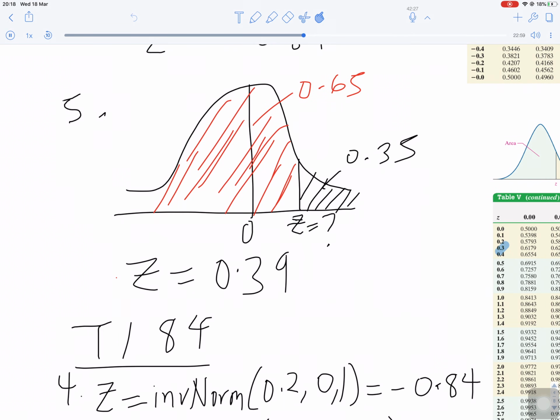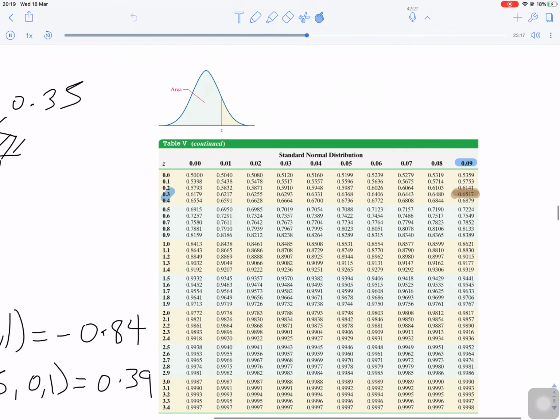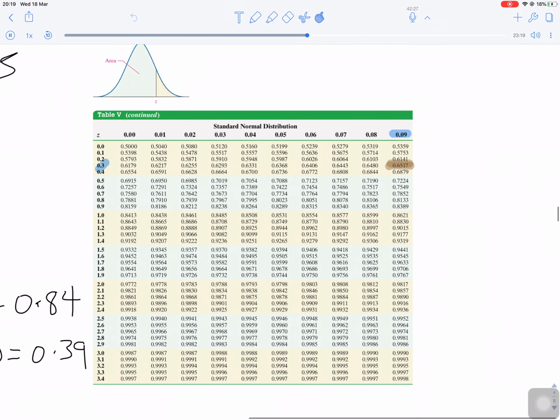If we know the area to the right of the z-score we are looking for, then we can tell the area to the left. That will be 1 minus the area to the right, which is, in this case, 0.65. Okay, so with the number 0.65, we look in the standard normal table for the area 0.65.